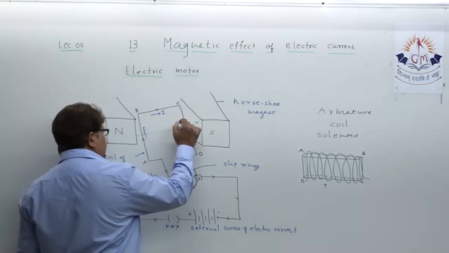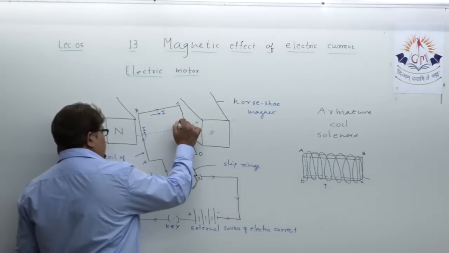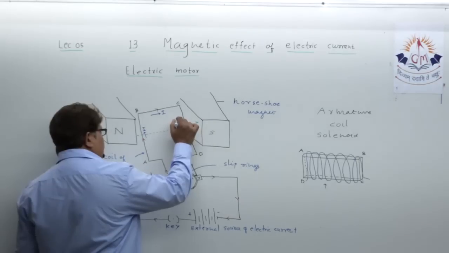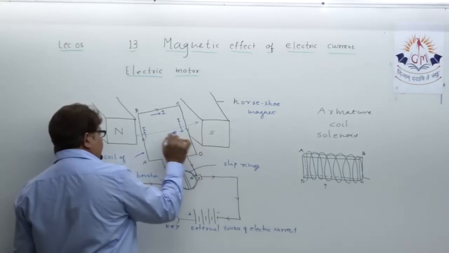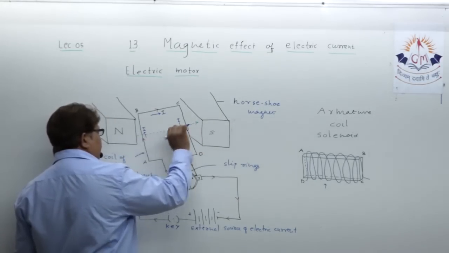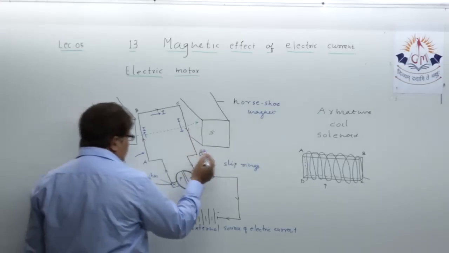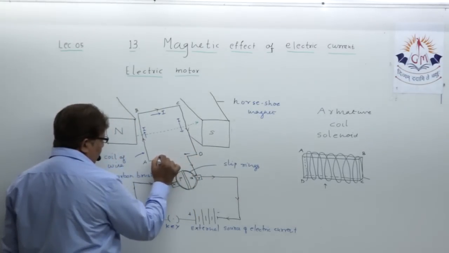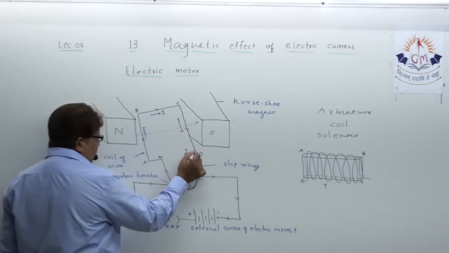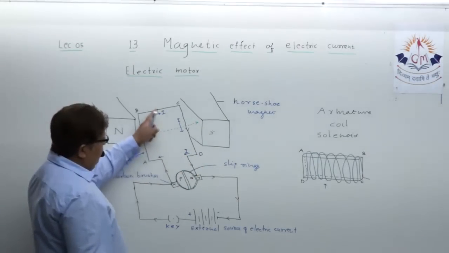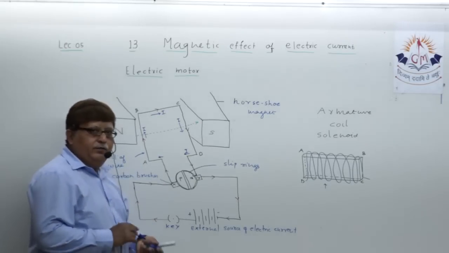Again in CD, the current flows from C to D. Again on this edge, direction of electric current is perpendicular to magnetic field. Again here, suppose we just think the direction of electric current is again parallel to magnetic field.